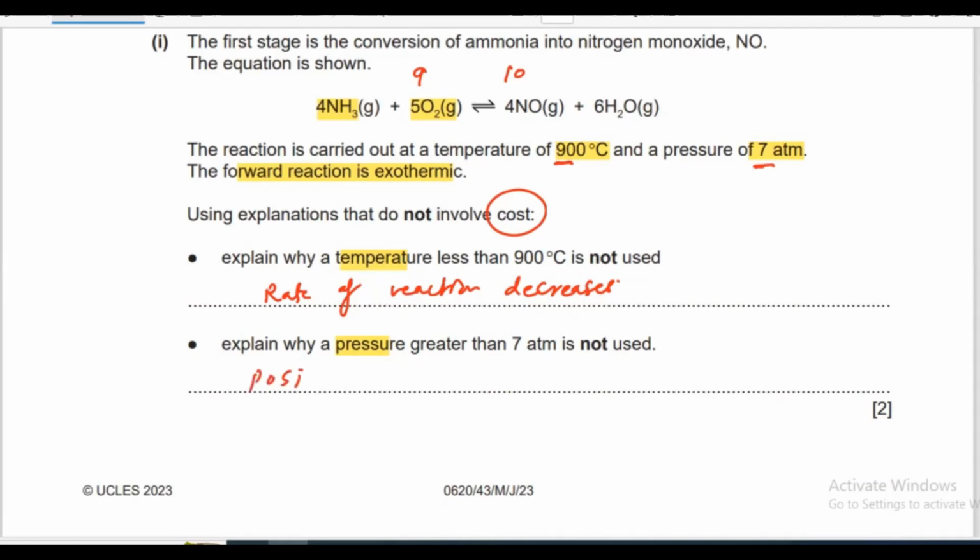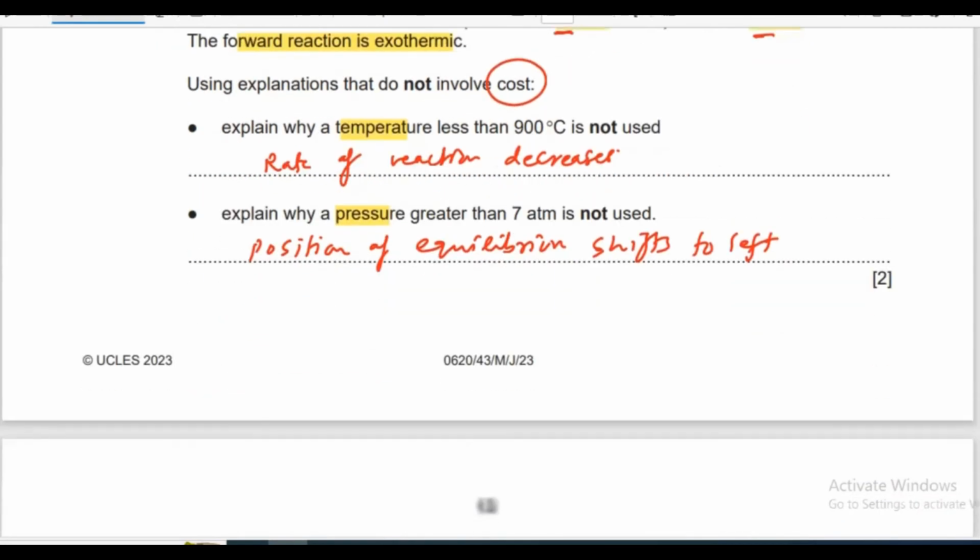So that's why we're not using a pressure higher than this one, as the position of equilibrium shifts to the left.